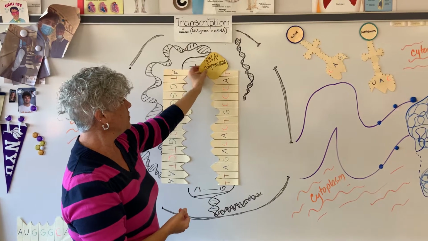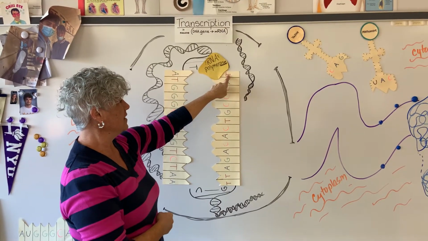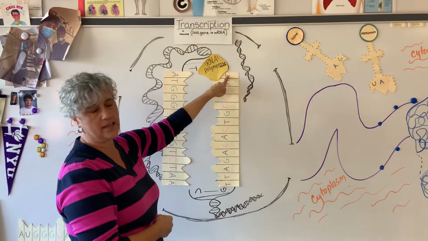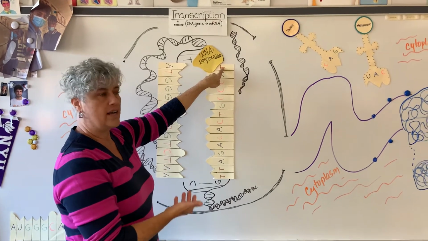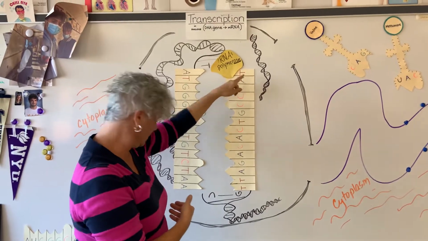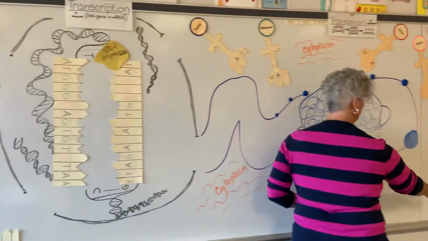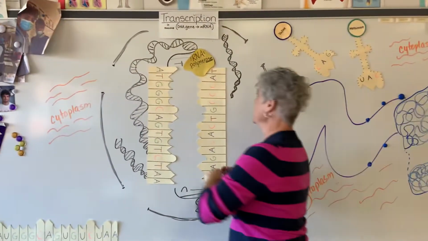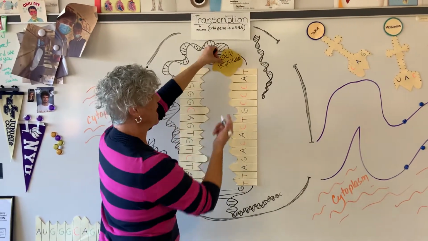So the first nucleotide in the gene is T for thymine. What RNA nucleotide will complement to that thymine? You should be remembering, okay, that would have to be adenine.